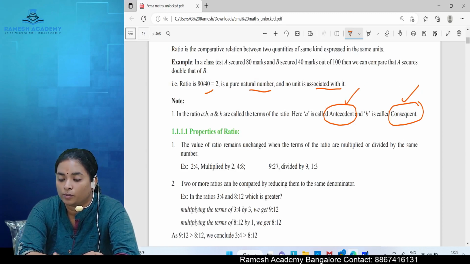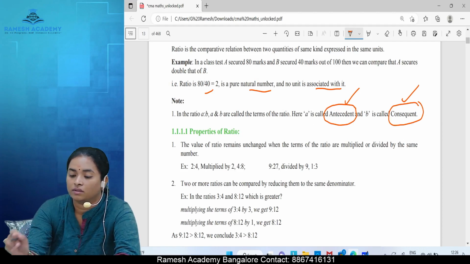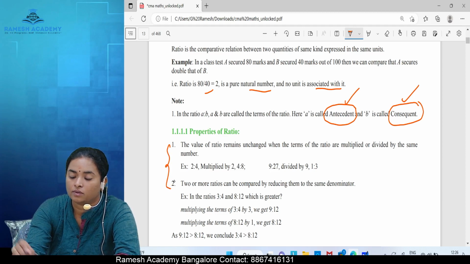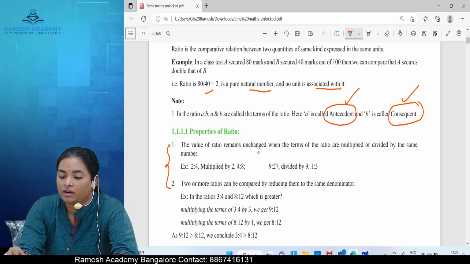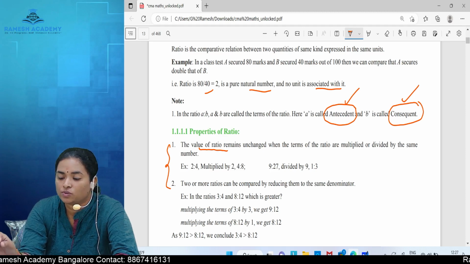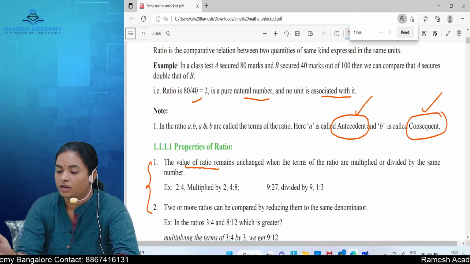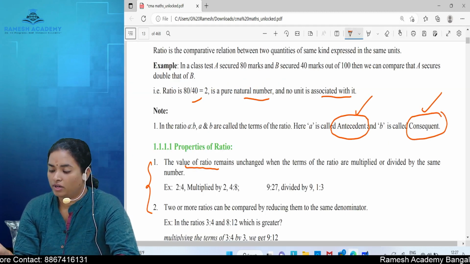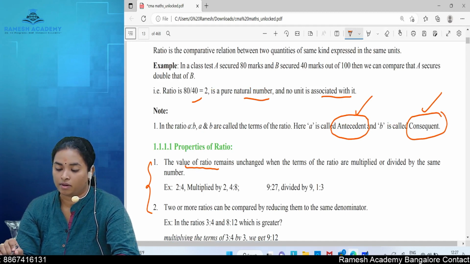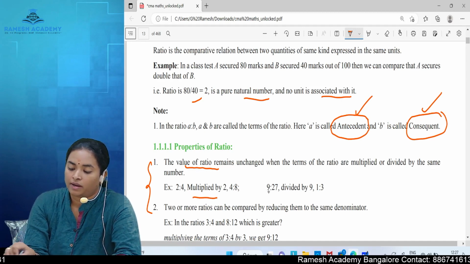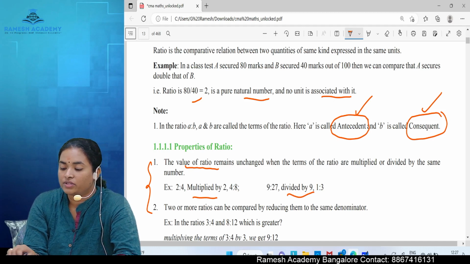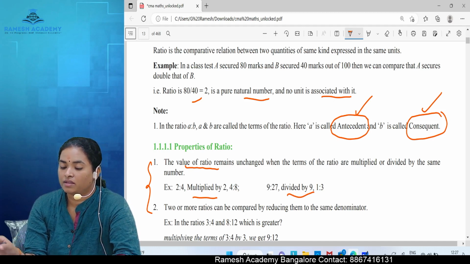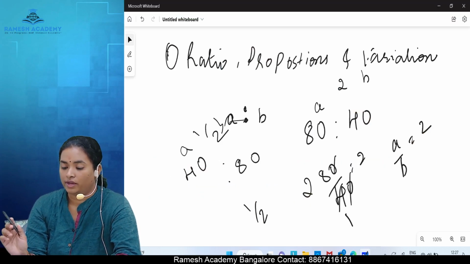Next we'll go to the properties of ratio. We have two properties. The value of the ratio remains unchanged when the terms of the ratio are multiplied or divided by the same number. So if I multiply or divide by the same number, the ratio still remains unchanged. How do I say that?